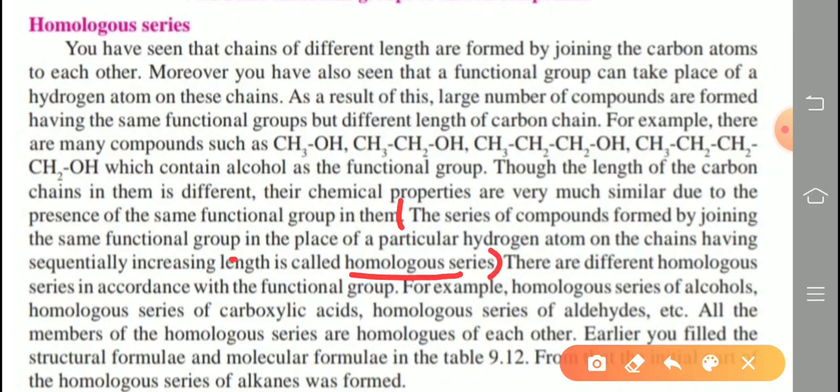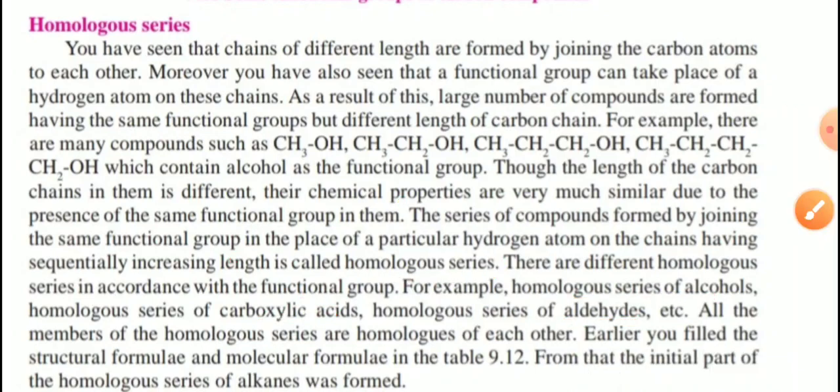Means compounds are formed with the same general formula and containing the same functional group. There are different homologous series in accordance with the functional group. For example, homologous series of alcohol, homologous series of carboxylic acid, homologous series of aldehyde, etc. All the members of a homologous series are called homologues of each other.